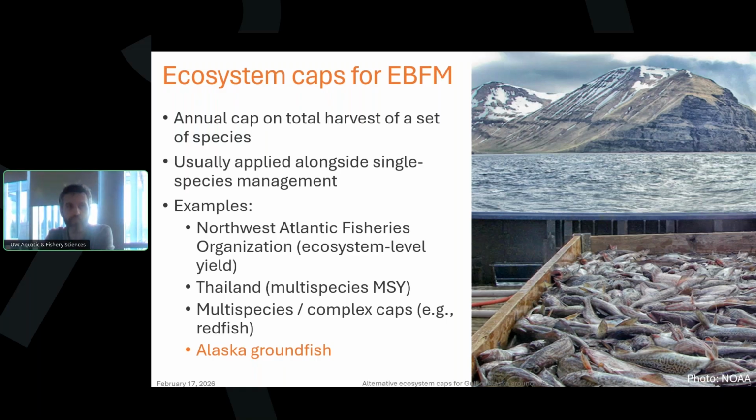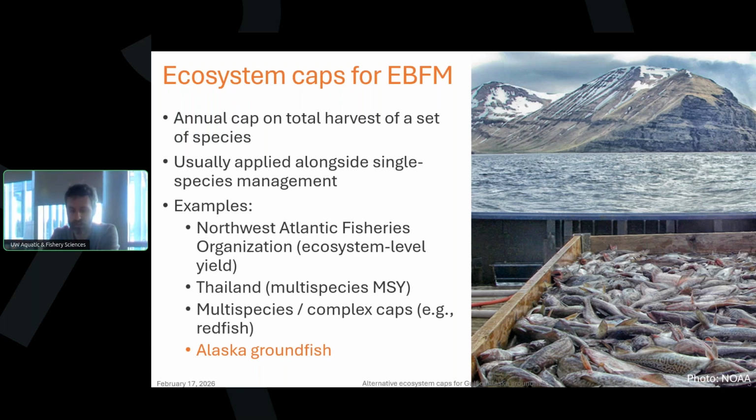And it's not like there's a cap per se, but what happens, at least my understanding, is that every year they present to managers estimates of multi-species MSY, or rather ecosystem level yield, and that feeds into the decision process, not so much in a structured way as a hard cap, but more as a guiding sideboard.